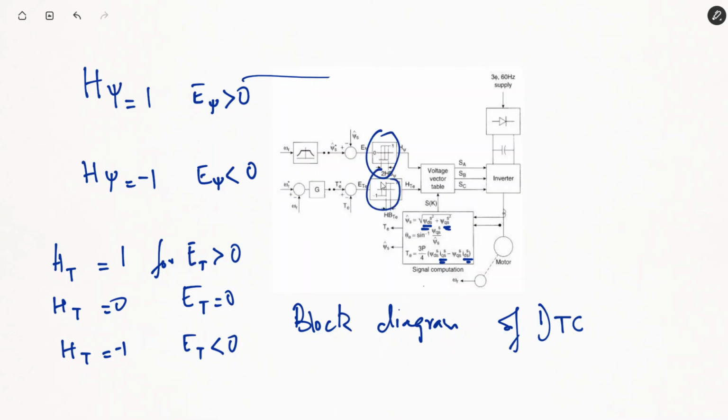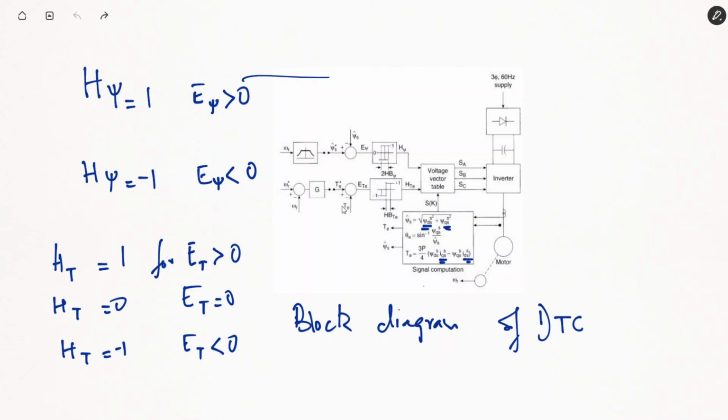Because of the use of these two hysteresis bands, the hysteresis band offers non-linearity in the system. It results in variable switching frequency. That's an associated problem with the hysteresis band. It will cause variable switching frequency, just as in the case of HCC.